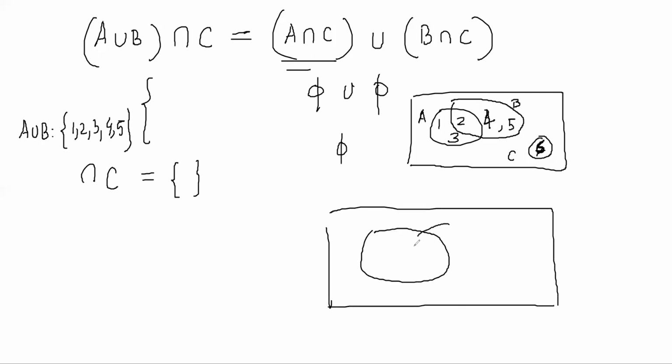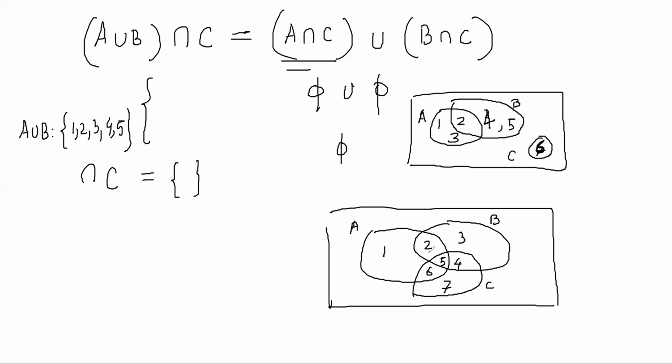So let's say like this, right? 1, 2, 3, 4, 5, 6, 7. This is A, B, C. I have marked out all the elements that are in each of the regions.